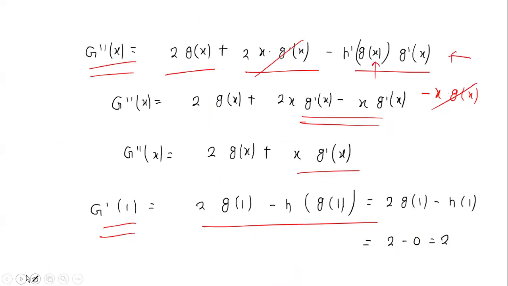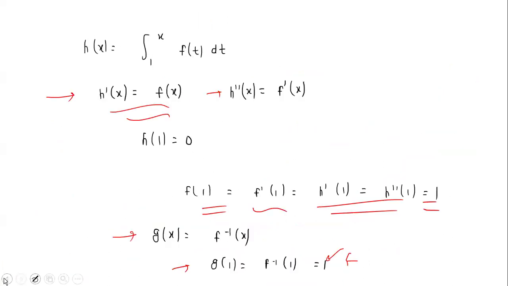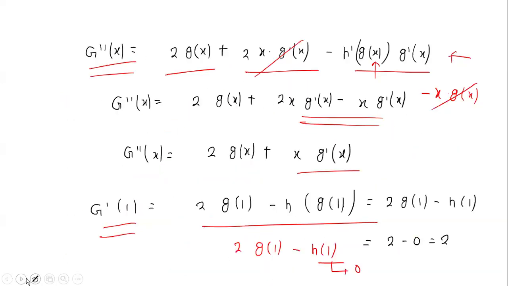So this will become 2 multiplied by g of 1 minus h of 1. H of 1 we also know is 0. And this g of 1 we know is 1. So finally this value is equal to 2.